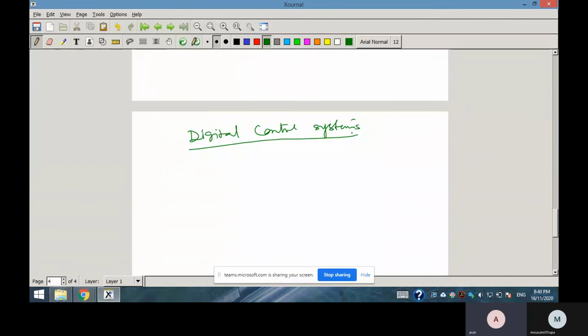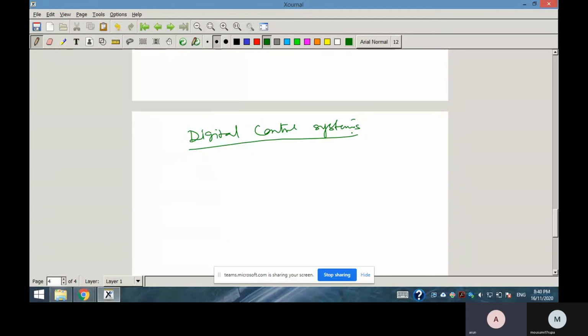So now the question is, if you are implementing a controller using a digital processor, then how to analyze the stability, how to analyze the behavior of the system? Will the continuous time analysis as we are doing still hold or not, and how to proceed?